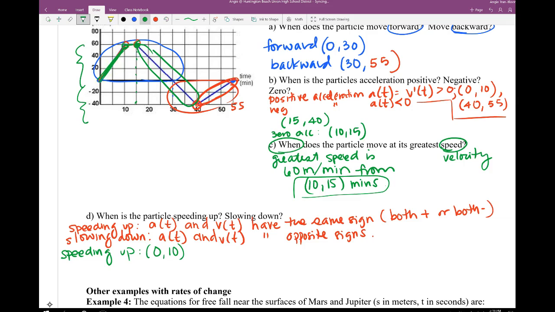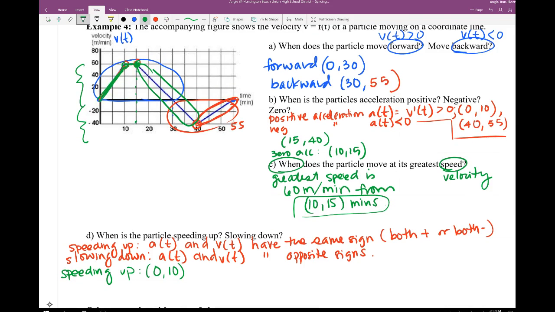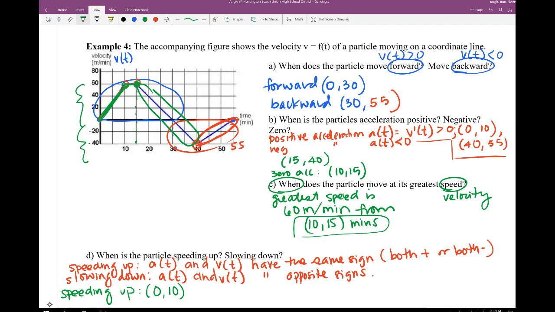And then what's happening right here is that this is the slope of 0. And earlier we said the slope of 0, we're changing direction. V of t is 0, is changing direction.